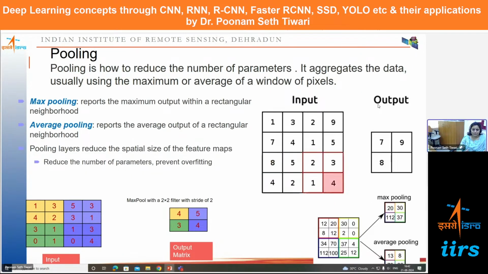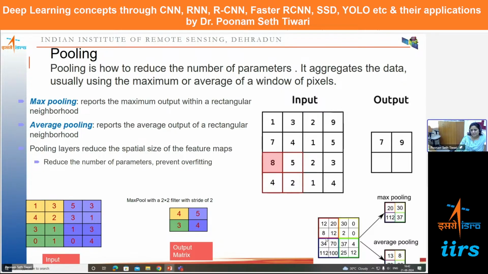Then we have seen that convolution and pooling are used in the architecture. So now what is pooling? Pooling is how to reduce the number of parameters. It aggregates the data, usually by using the maximum or average of a window of pixels. Suppose this is my input. I can have maximum pooling or average pooling.